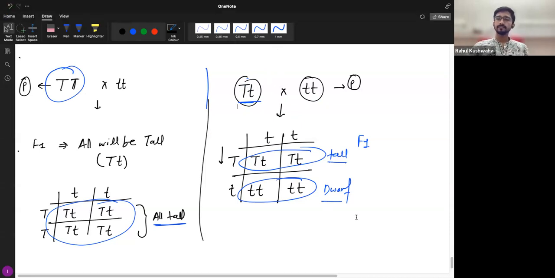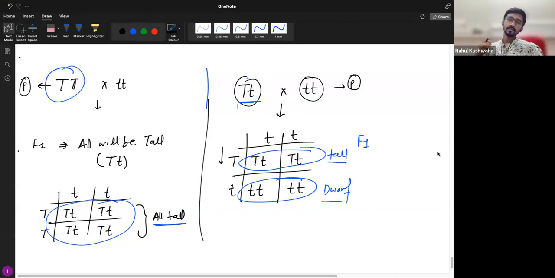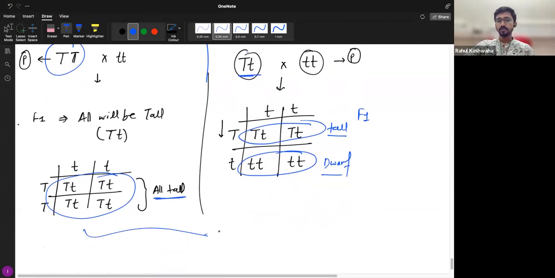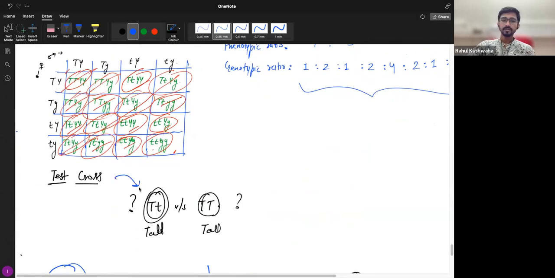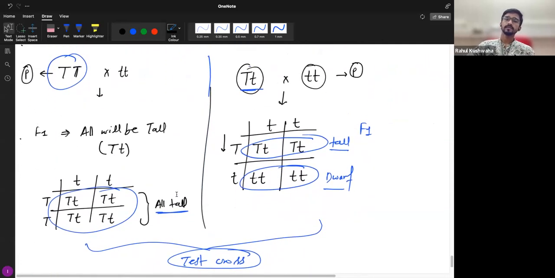Does that make sense, everyone? Yes, sir. So this is basically what Mariam is talking about. And when you do this cross, it is called a test cross because you are doing it to test the genotype of the tall parent. Everyone is clear with this concept?